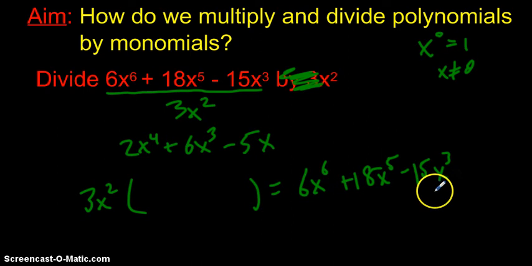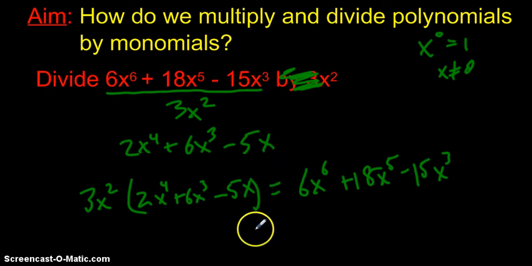So that'd be another way to do it, thinking of what would I multiply by to get that, just like with the carpet problem. 3 times what is 6? 2. X to the second times what is x to the sixth? X to the fourth. And so on. So this is just another way of doing the same problem.